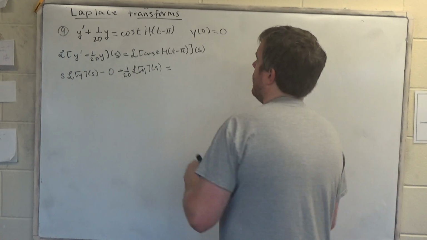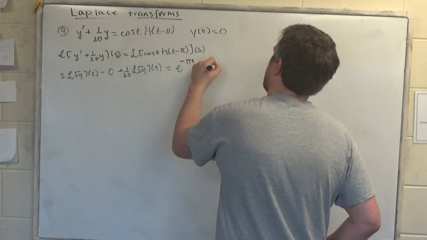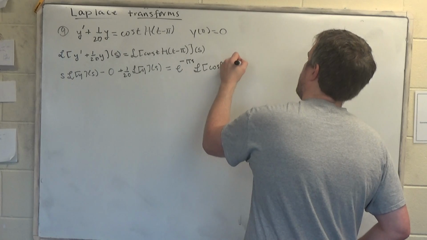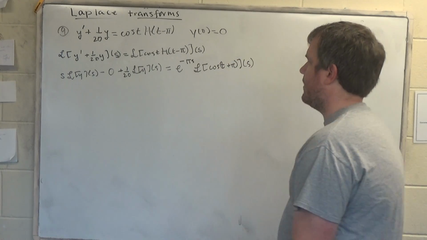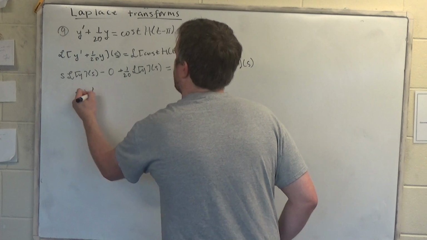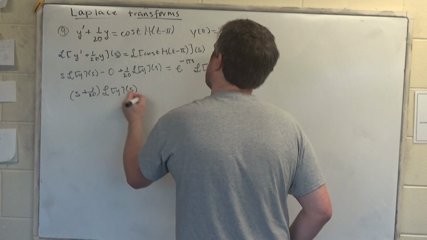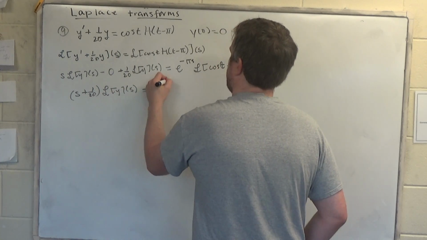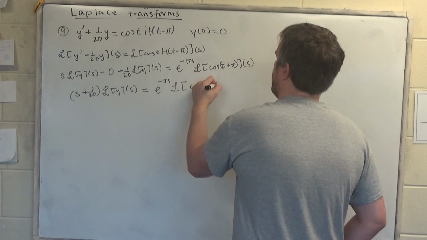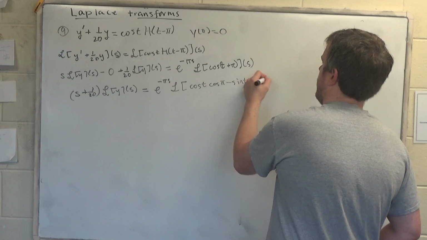well now, this is going to be e to the negative pi s times the Laplace transform of cosine of t plus pi. And we're going to have to use our cosine addition formula. So over here, we're just going to get s plus 1/20th times the Laplace transform of y of s equals e to the negative pi s times the Laplace transform of cosine t cosine pi minus sine t sine pi.